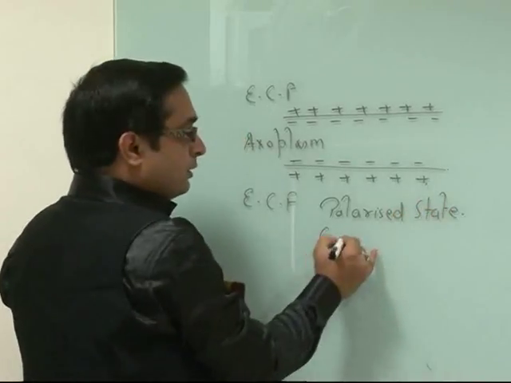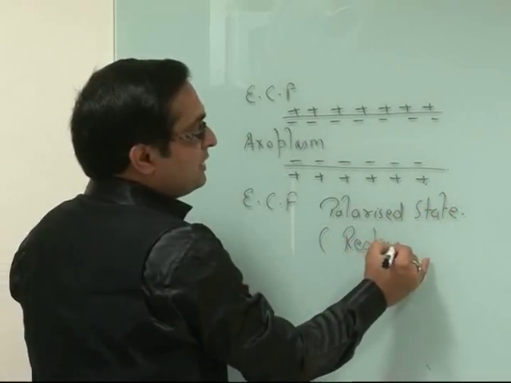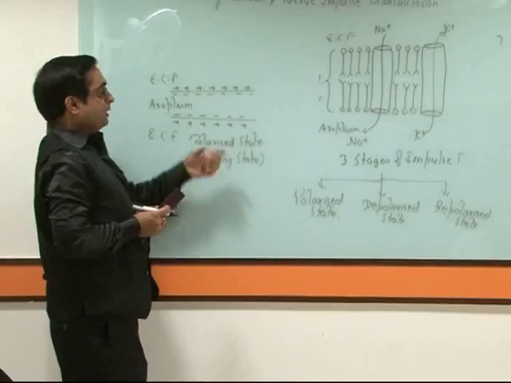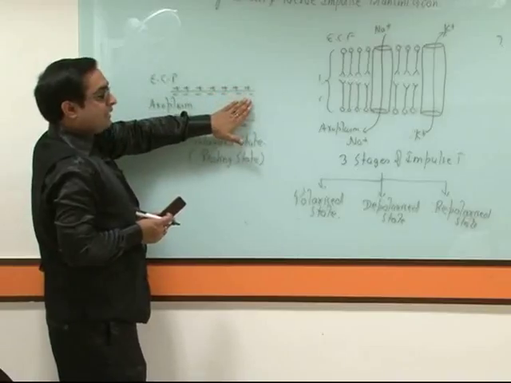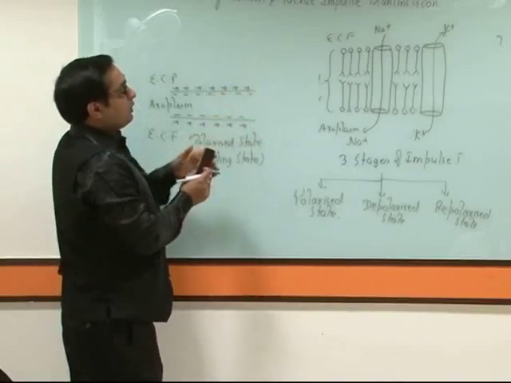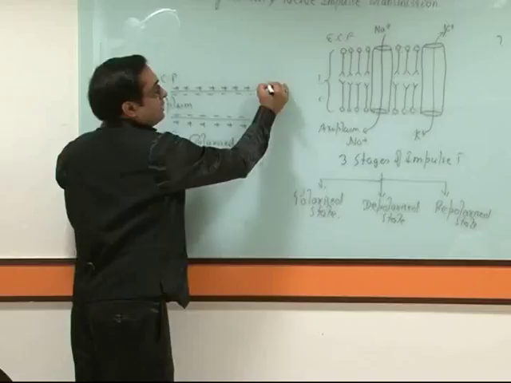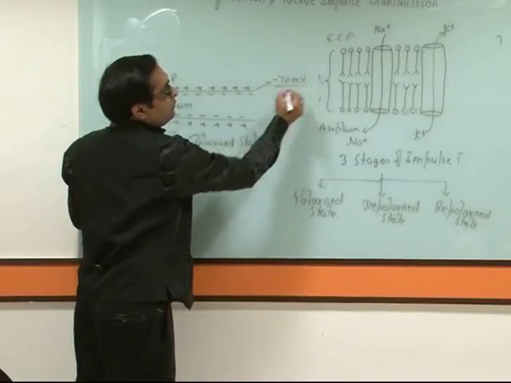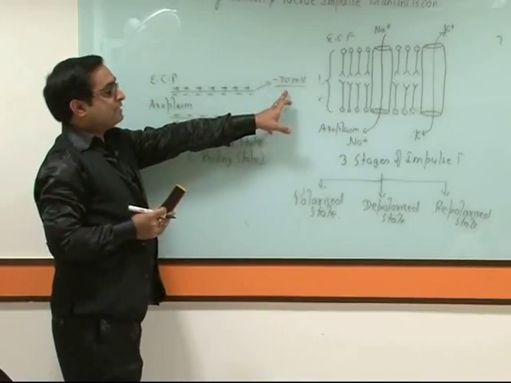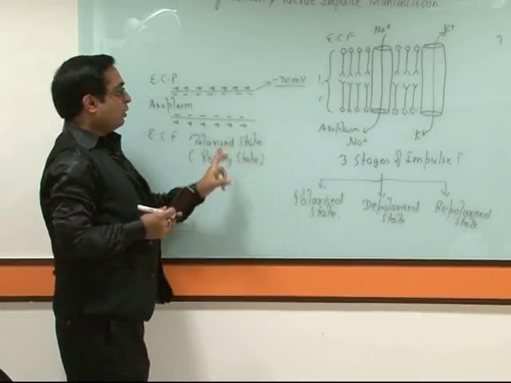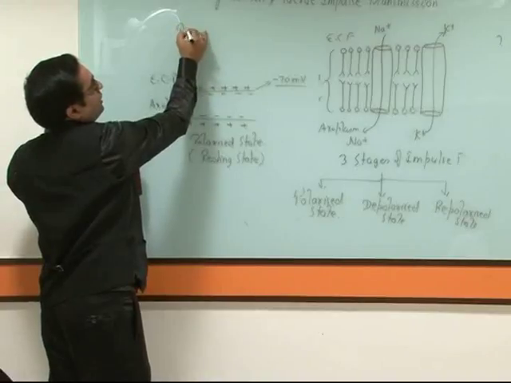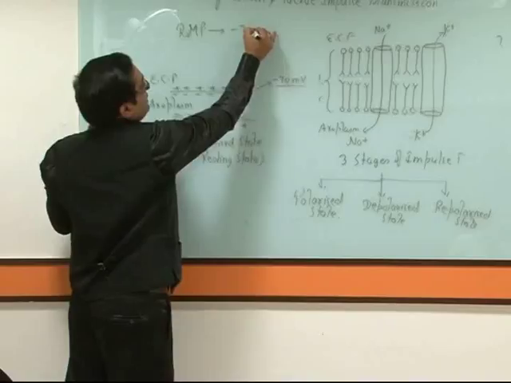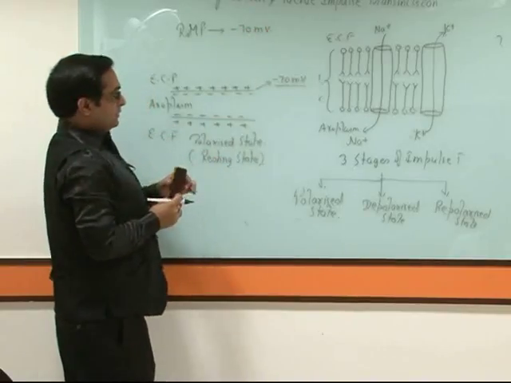It is also called the normal resting state of neuron. Outside positive, inside negative. If you connect sensitive microelectrodes, we find there is a transmembrane potential of -70 millivolts. This is called resting membrane potential or transmembrane potential. So the value of RMP is -70 millivolts.